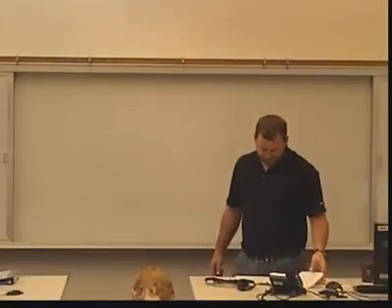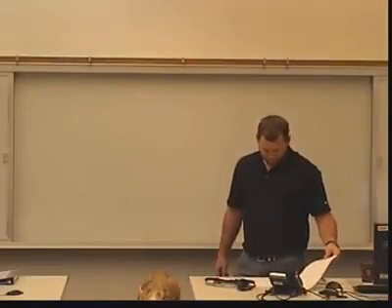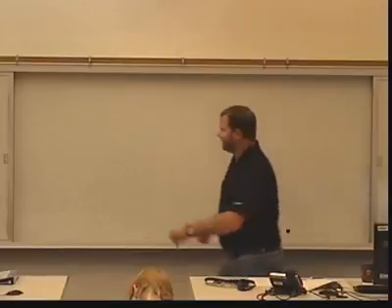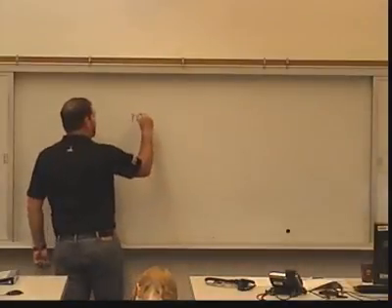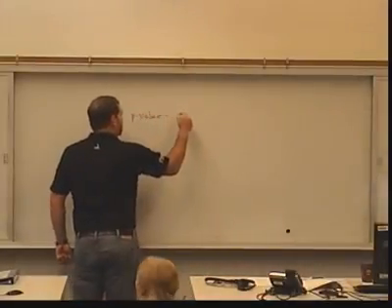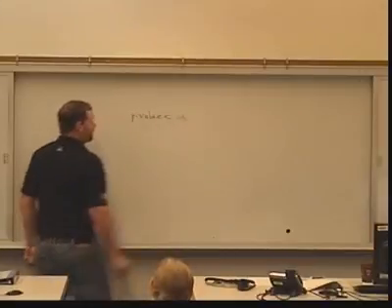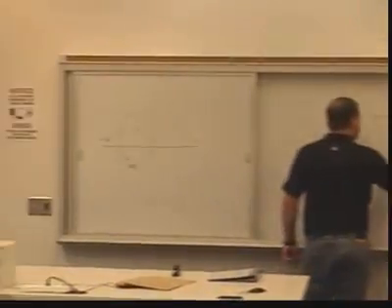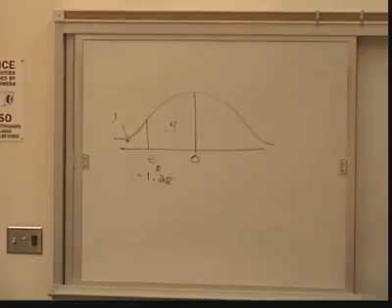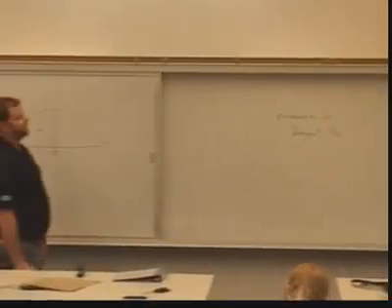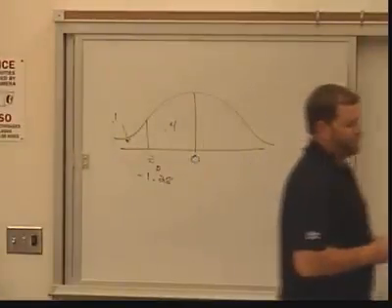Those are the values of z that you use. Okay? Remember our p-value? If the p-value is less than alpha, what do we do? Reject H0. If the p-value is greater than alpha, then we fail to reject H0. Okay?